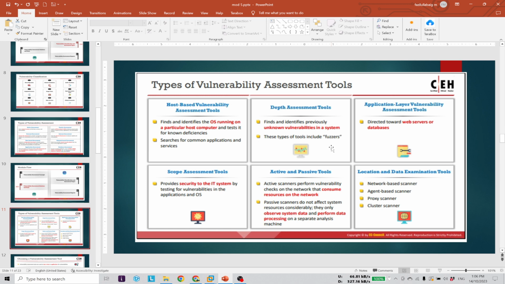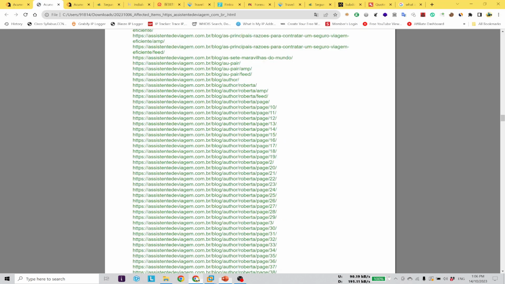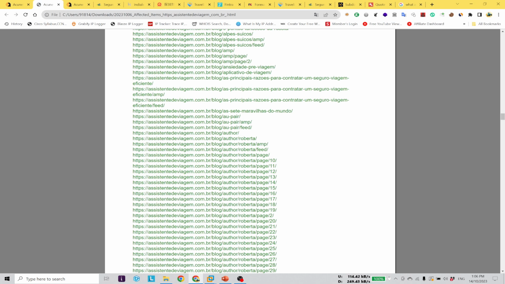For example, I'll just show you. These are brute forcing directories on a web application. I'll show you one example here. This is a website, and it has one main directory.